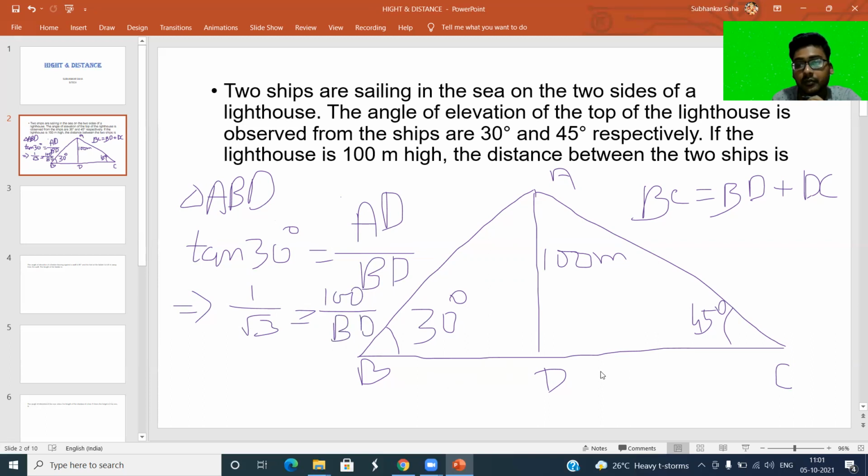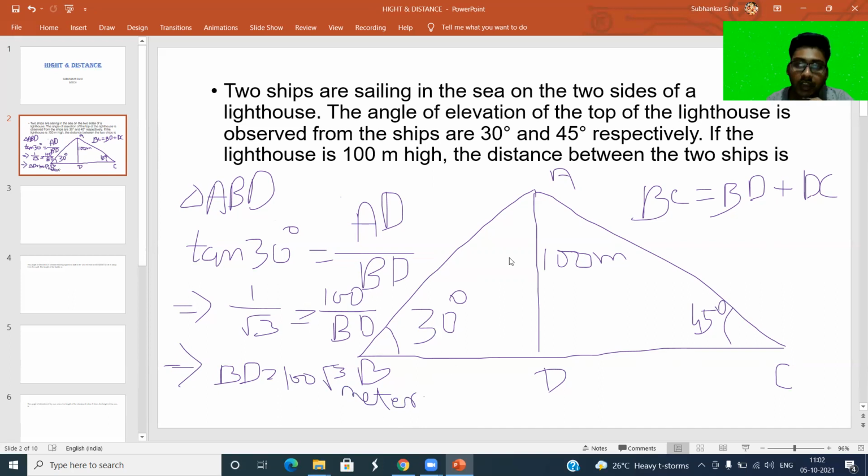We find BD, and BD plus DC equals BC. BD is equal to 100 root 3 meters.